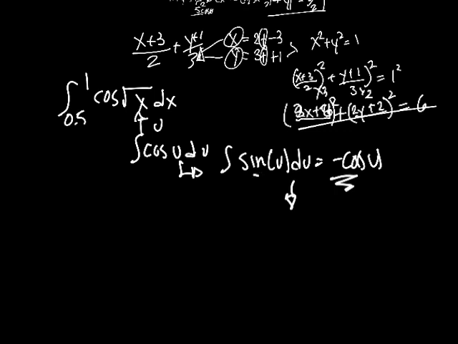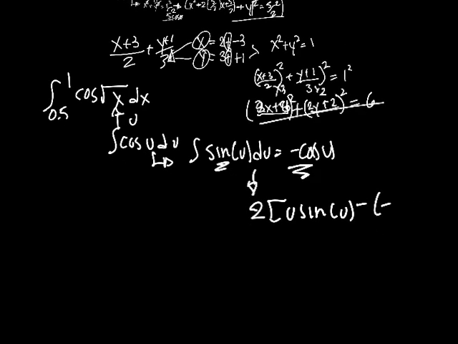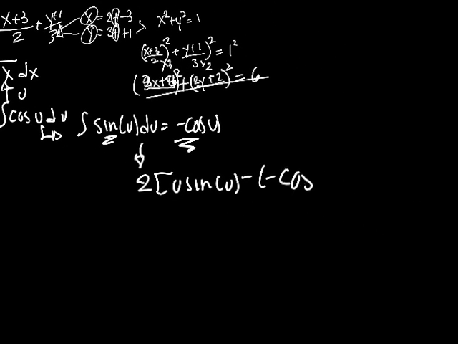And once we have these values, we can rewrite it once again to say 2 is u sine of u minus cosine of u from 1 to 0, since we've been using u sub. Now that we applied these new ranges and domains, we can convert it, simplify, and apply our numbers, and we'll be left with 0.324.